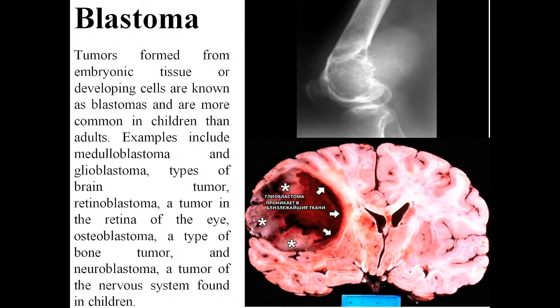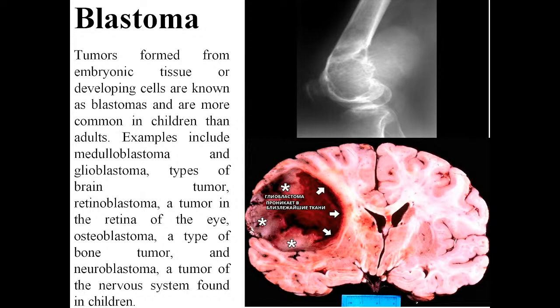Student, the next type of malignant tumor is called a blastoma. Tumors formed from embryonic tissue or developing cells are known as blastomas and are more common in children than adults.